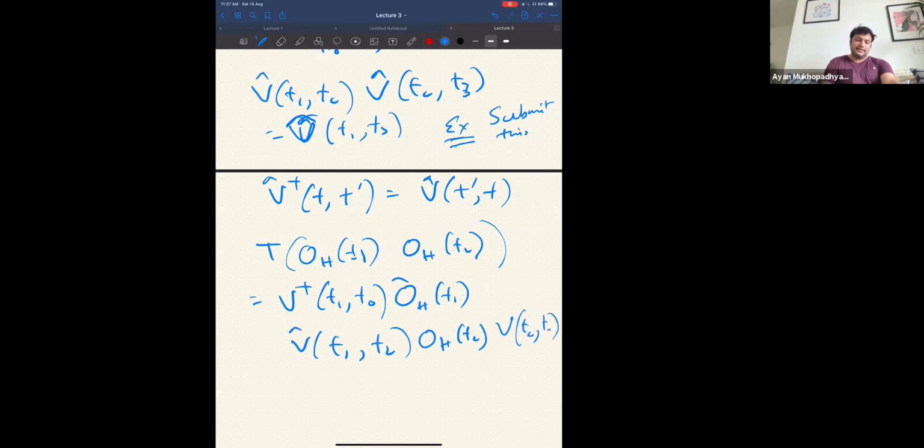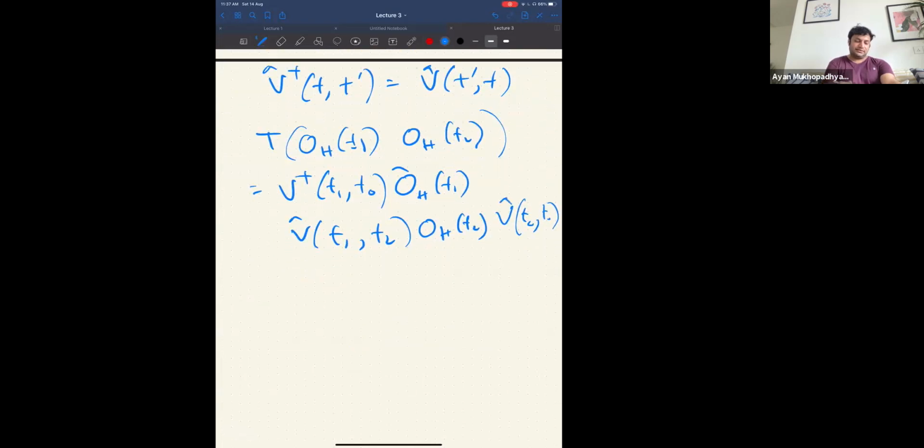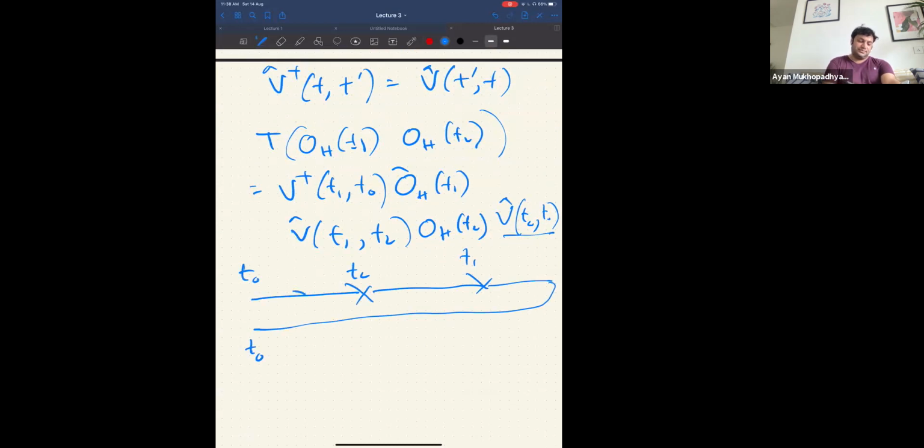Again, let us try to see it in a diagrammatic way. What is happening is, let me do it this way. This is T2, this is T1, and then this is T0. I have to convert it to U, as I said before.